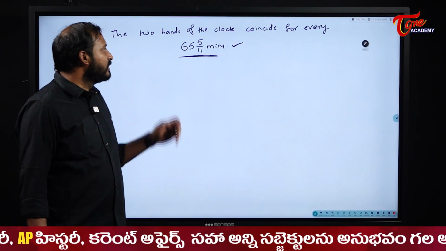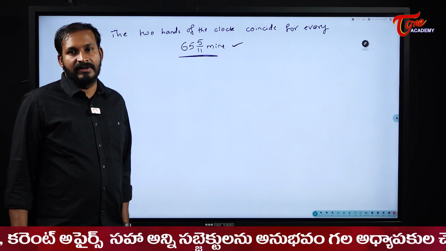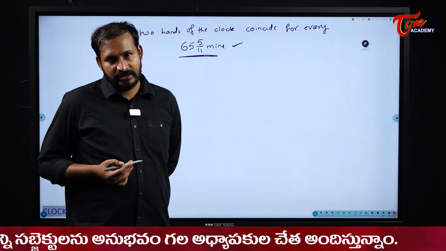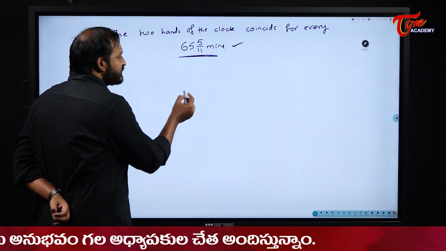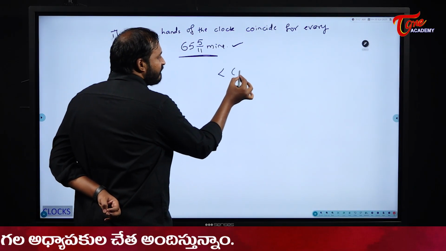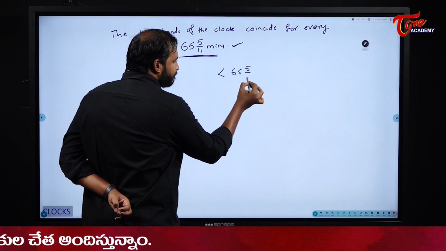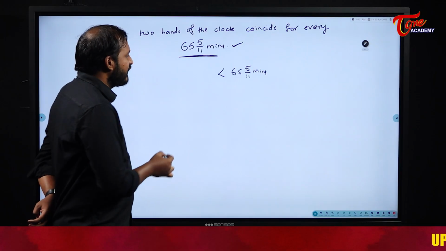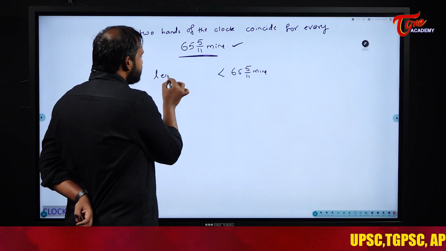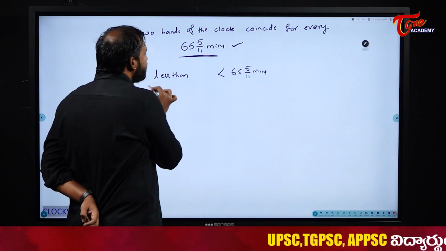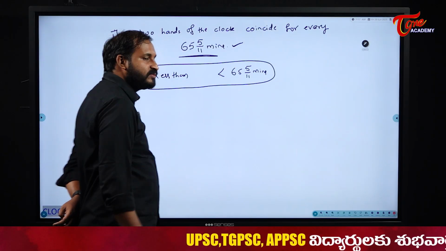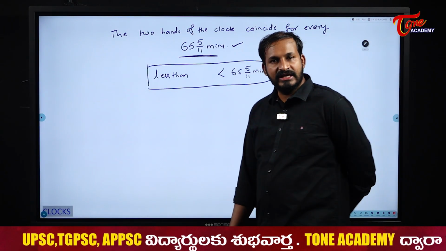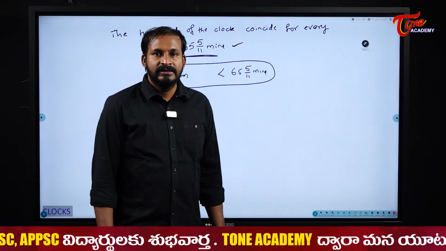Okay, sir, good, superb. For example, due to some manufacturing defects, if the two hands of the clock coincide in a time less than 65 5 by 11 minutes, then what will happen, students? Tell me whether the clock is moving fast or slow.